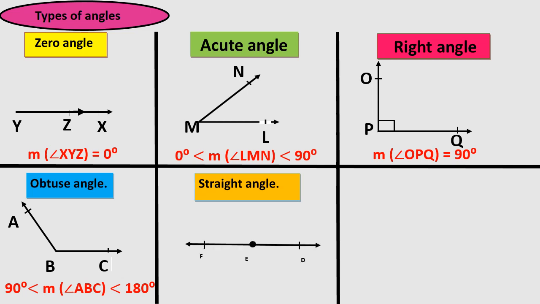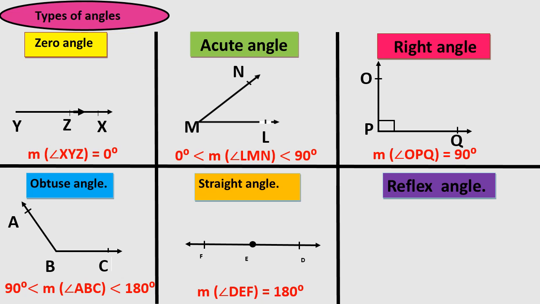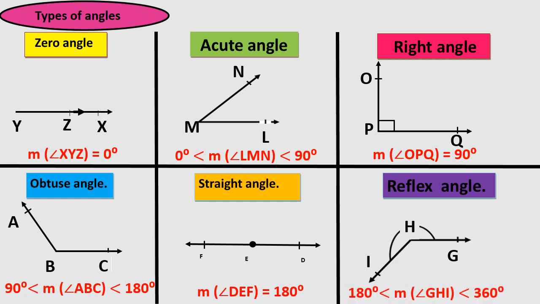And the straight angle, like a straight line, its measure equals 180. In Prep 1, we will learn another type of angle, the reflex angle. Its measure is more than 180, less than 360.